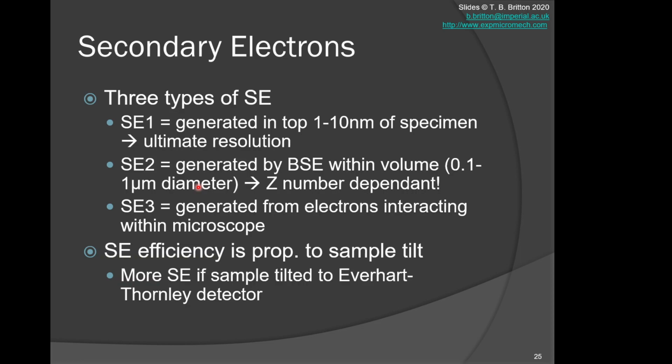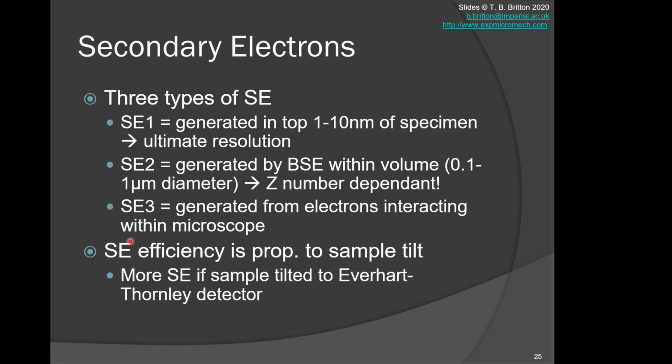They are not located at the same position where the primary beam has promoted the SE1 electrons, and so they worsen the spatial resolution of your system. The SE3 electrons are those generated by interactions within your microscope, so those are effectively any electrons liberated from other parts of your microscope itself.